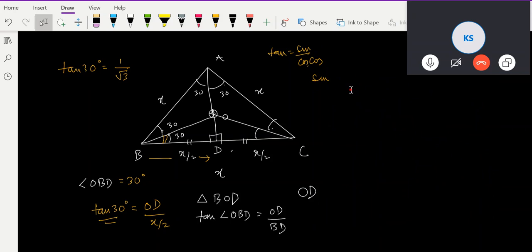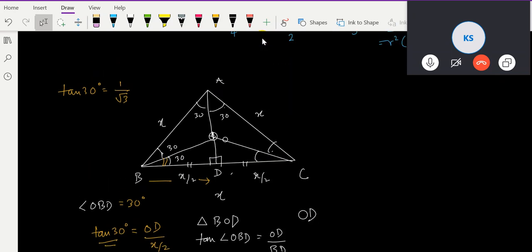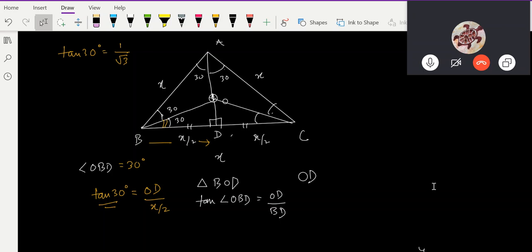So tan 30 is 1 by root 3. Now we can write this as 1 by root 3 is equal to OD by x by 2. Therefore OD is equal to x by 2 root 3, correct?